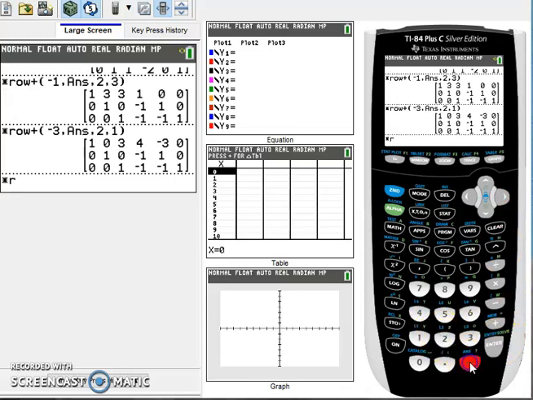So we'll multiply by -3 again. Recall matrix. We'll multiply row 3 and add to row 1. All right, so let's see what we get here.